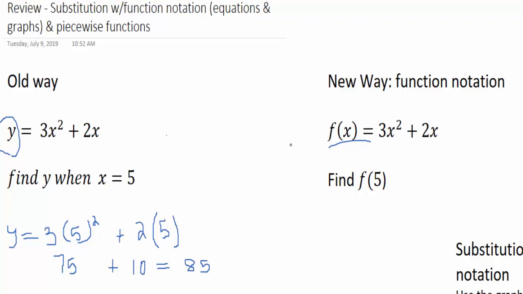So instead of f of x, we have f of 5, and that tells you that x has been replaced with 5. This is the function in terms of x, and this notation is telling you that x is your input variable. And down here it's saying replace that input variable with 5.